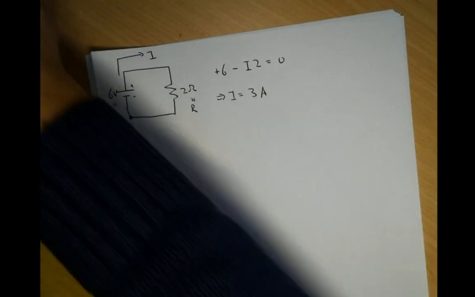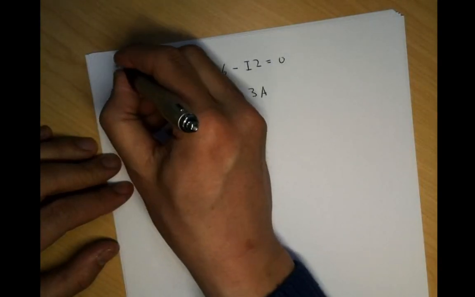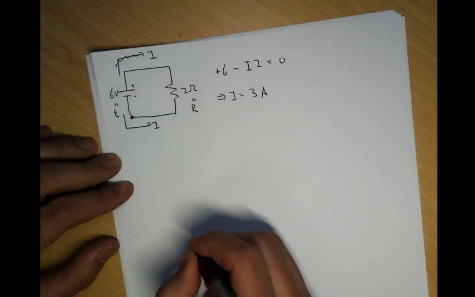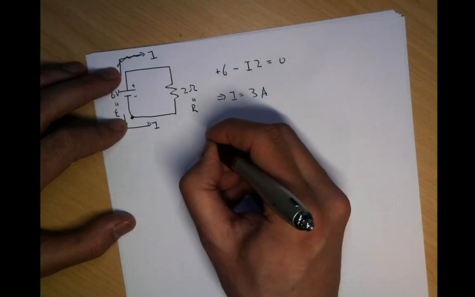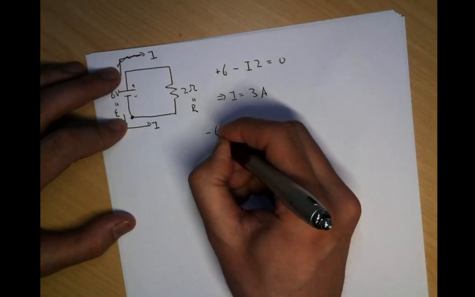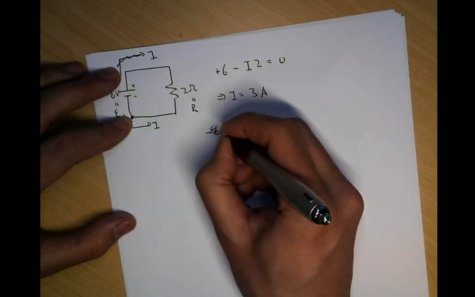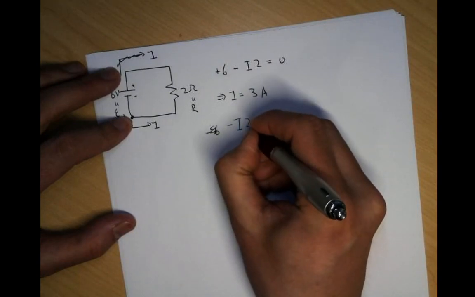Now, this is not the only way I could have done it. I could have done it like this, going across this terminal right here. Actually, sorry. If we start here and go this way, I'm in the direction of I, so that's a minus I times 2.